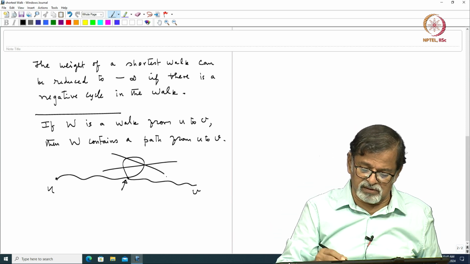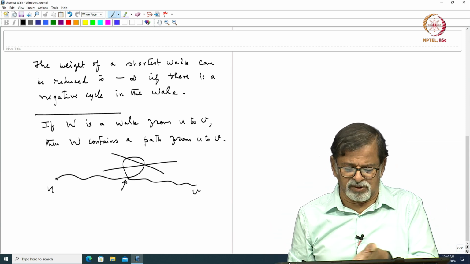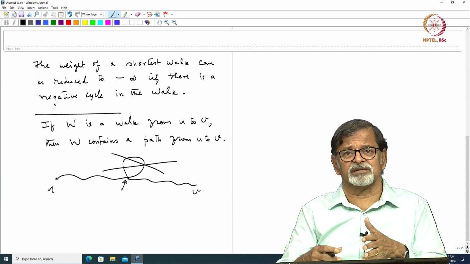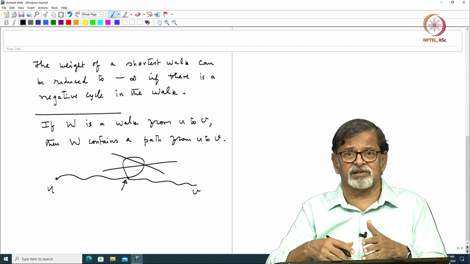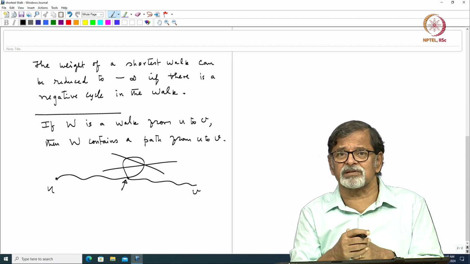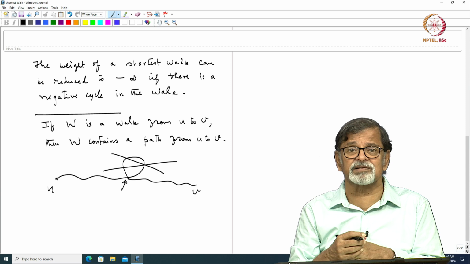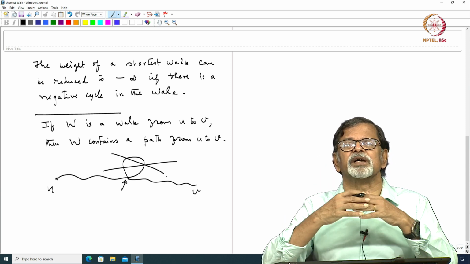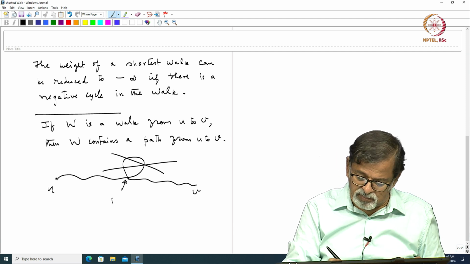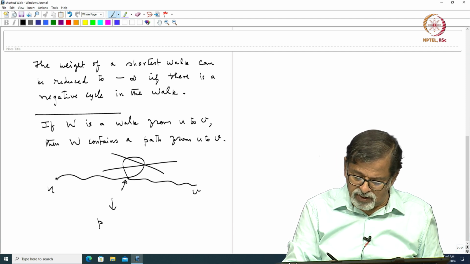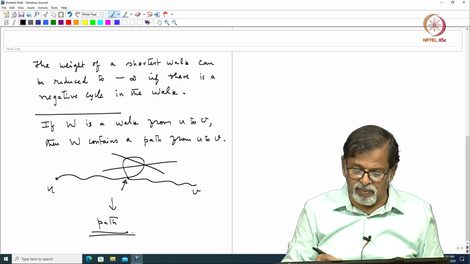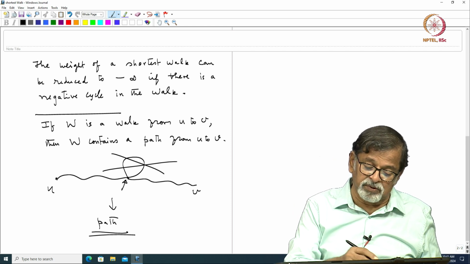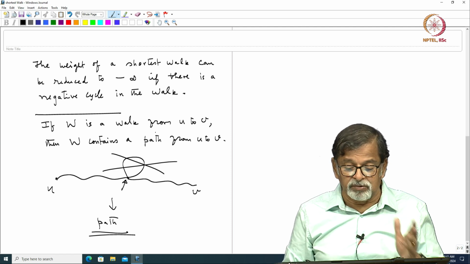Remove them. So, when you remove them you get still a walk. So, whenever there is a repetition, there is a cycle of edges between the two successive copies of the repeated vertex. Remove those cycles. When you keep removing them, all the duplicates are removed. So, this process will lead to a path.